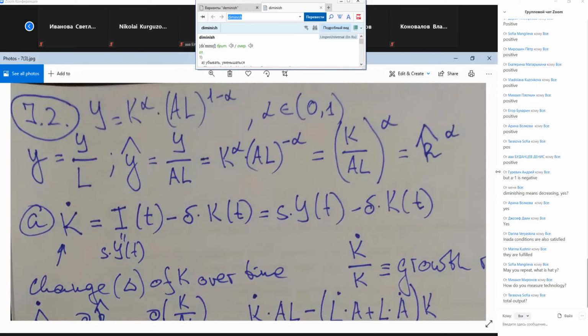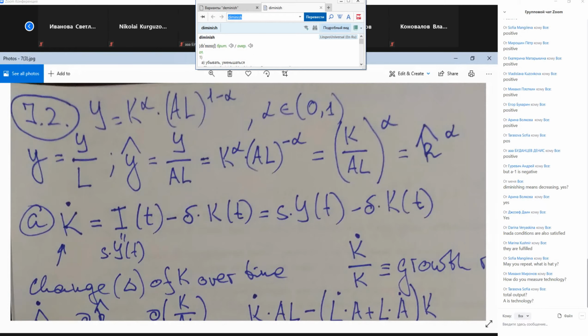As I said, technology is hard to measure, so we can think about it as the number of education years. Alternatively, you can think about it as how many technological processes one worker knows, for example. Yes, A is technology.